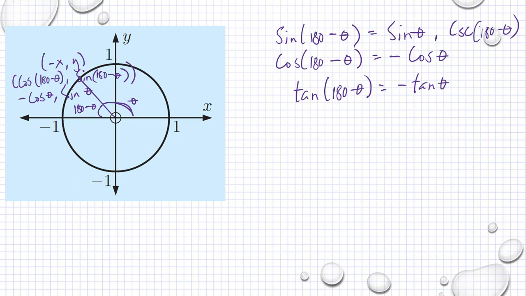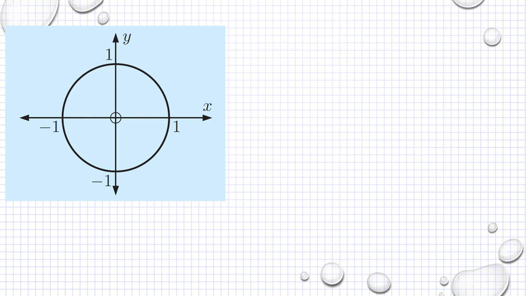Okay, let's try the third quadrant here. As you can see here, our x is negative and our y is negative. So if we call this theta again, then we have sine theta is equal to negative y.